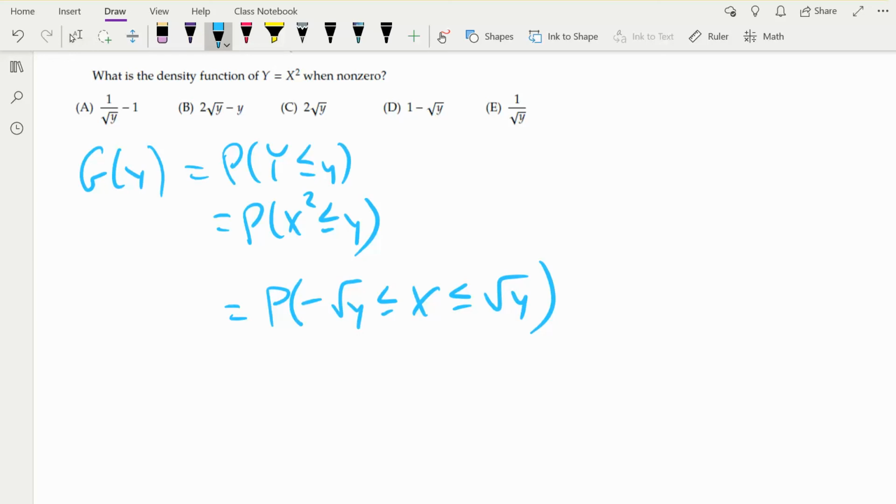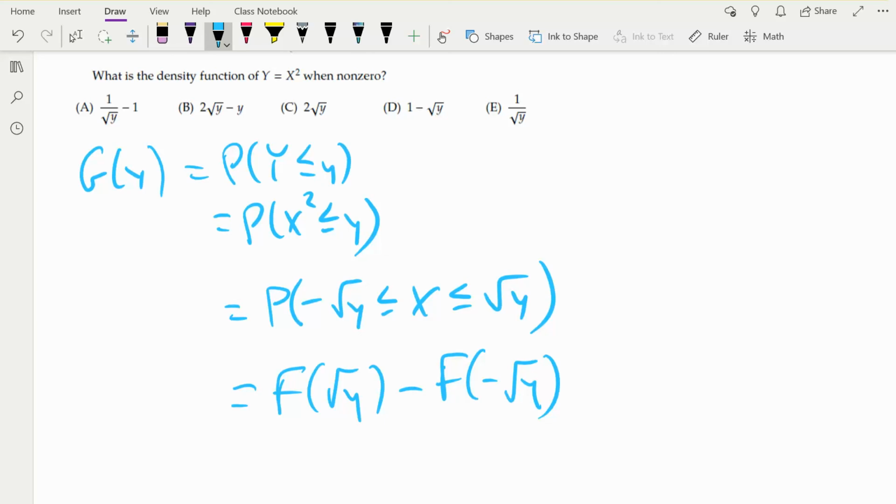I can rewrite this as capital F of root y minus capital F of negative root y. Right? Because all we're doing is subtracting off the piece that we don't need at the end. So we've done the exact same thing that we did in the previous examples. We've rewritten the distribution function of y in terms of the distribution function of x.